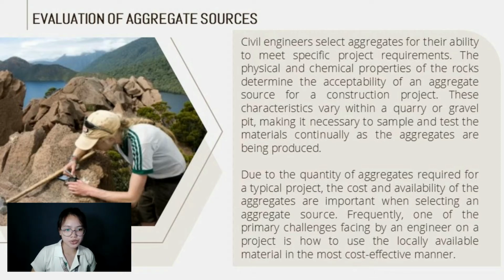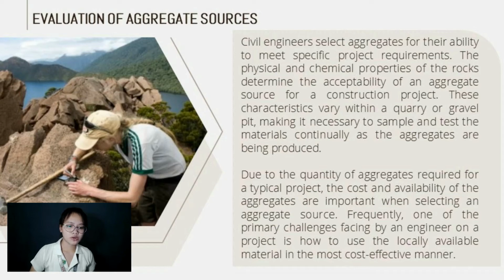So, as mentioned earlier, in selecting an aggregate source, it needs to meet the specific project requirements. And these project requirements include the quantity of aggregates, the quality of aggregates, the cost that will be spent, and lastly the availability.